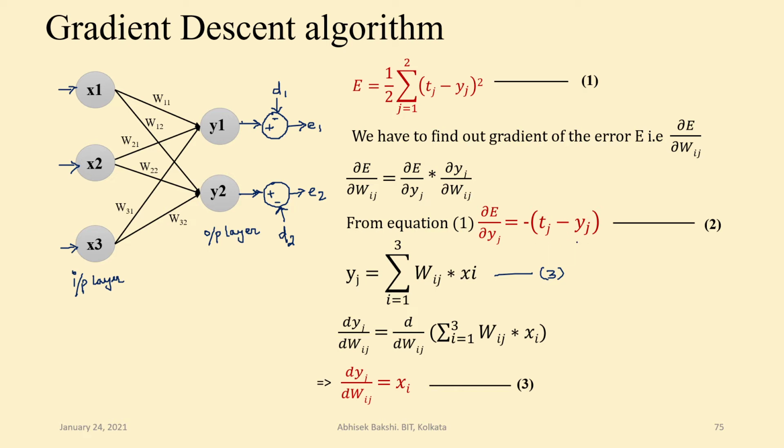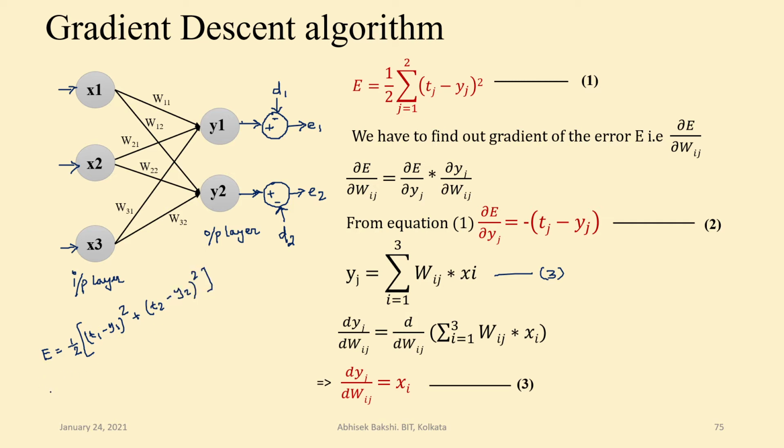Why? Let's elaborate the situation here. With respect to this example, E is basically, just ignore this half right now, okay, let's keep this half, then we have (t1 minus y1) whole square plus (t2 minus y2) whole square.